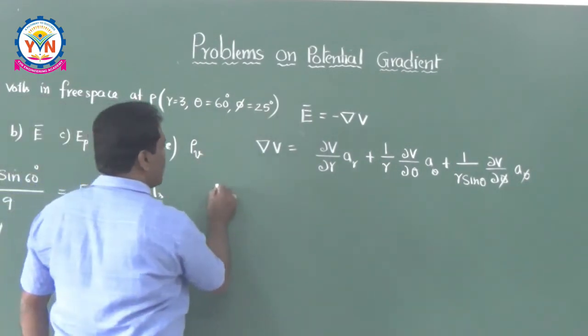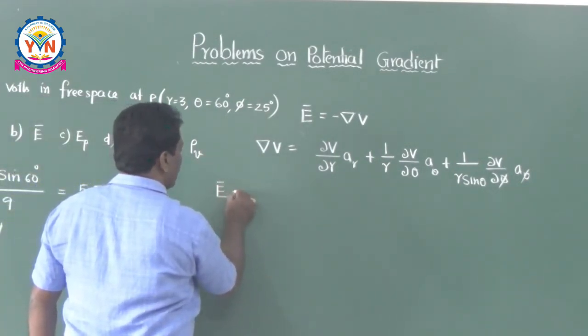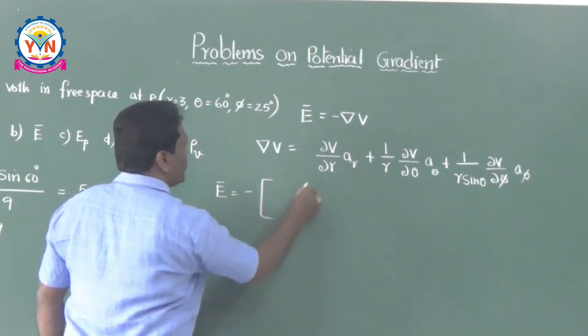So what is electric field intensity? E bar is equal to minus del V. Del V means this is the formula.